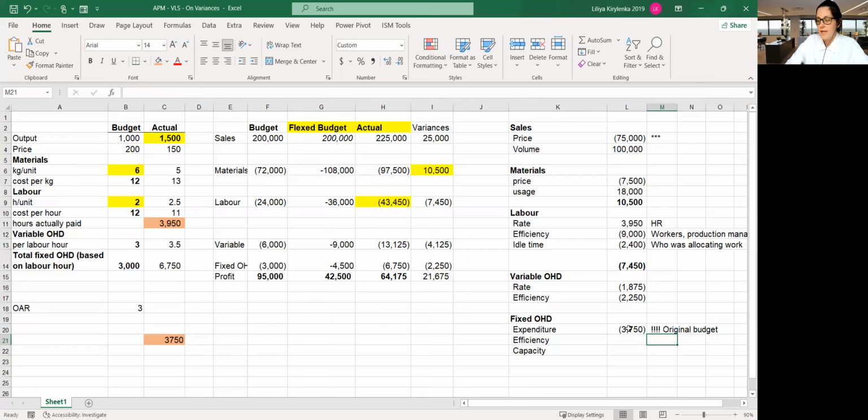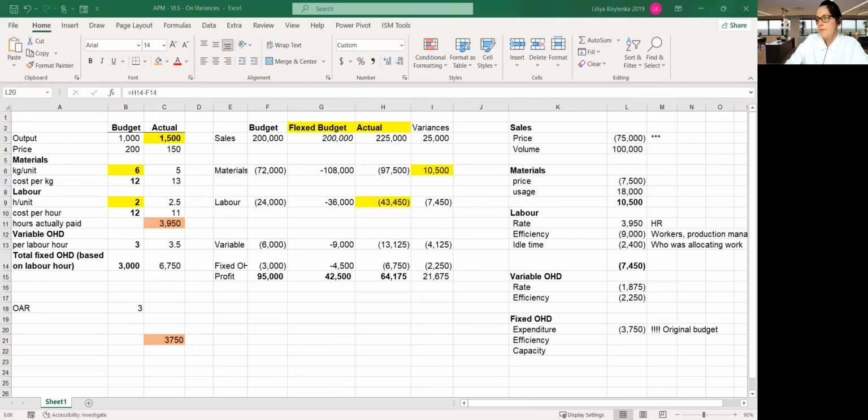For fixed overhead, when we calculate expenditure variance, we find the difference between actual and original budget. Why? Because fixed overheads by default, well, they do not need to be changed when we have the change in volumes because they're fixed.